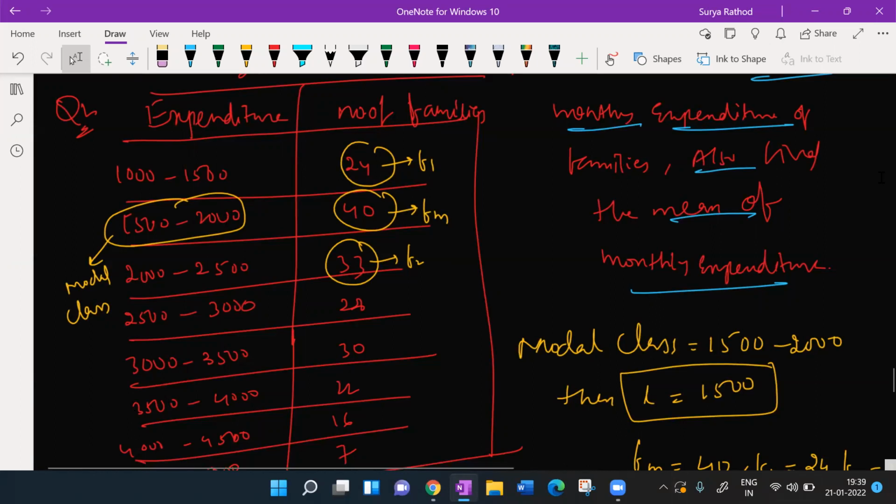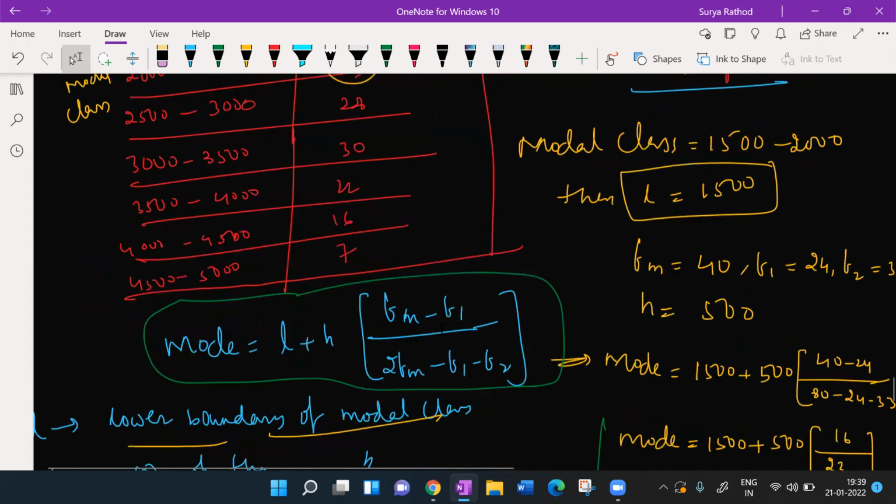So we can just make a column of xi, which would be 1250 for this first one, then 1750. Make a column for xi for the midpoints of each class given, and then multiply that by the frequencies given, we would get fi xi, make sigma of that, and then sigma fi xi by sigma fi.